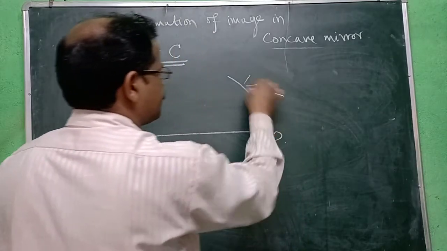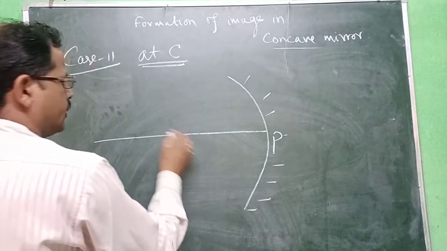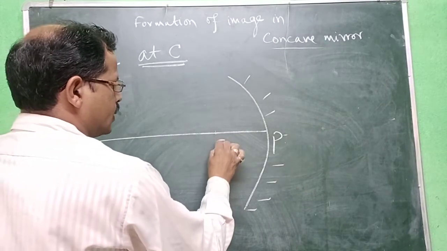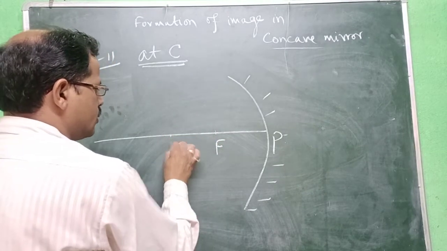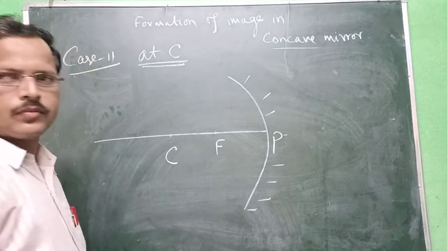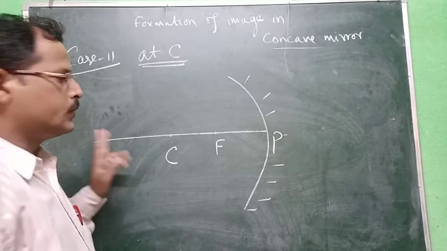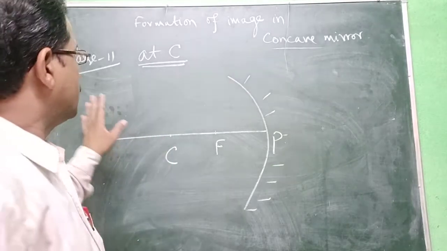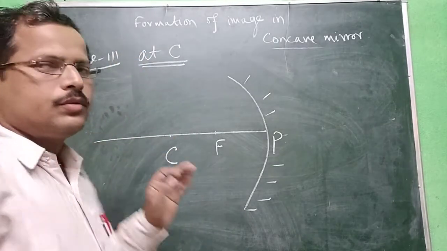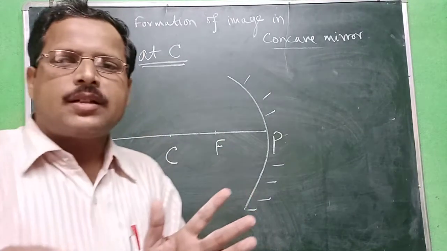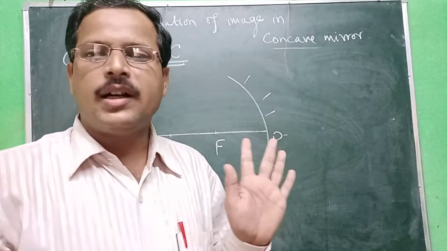This is the pole, this is our principal focus, and this is the principal axis. Now place the object on the center of curvature and see what happens.